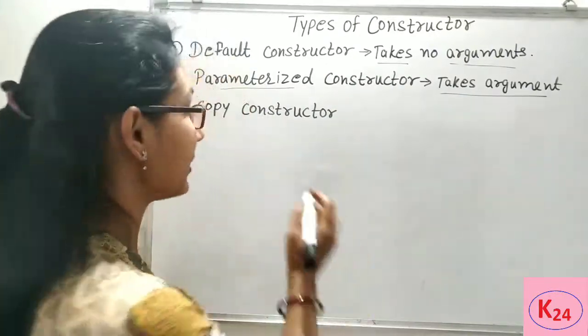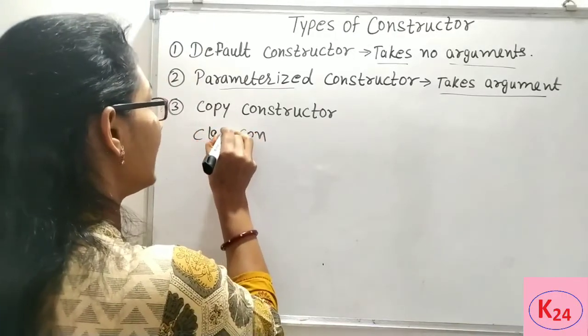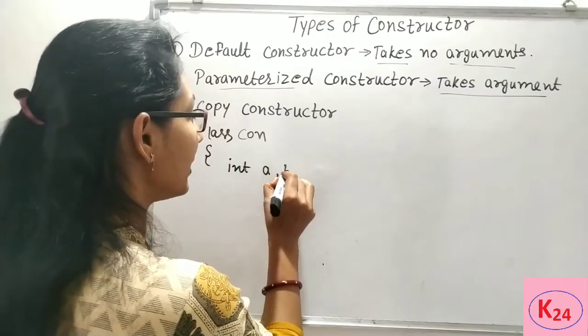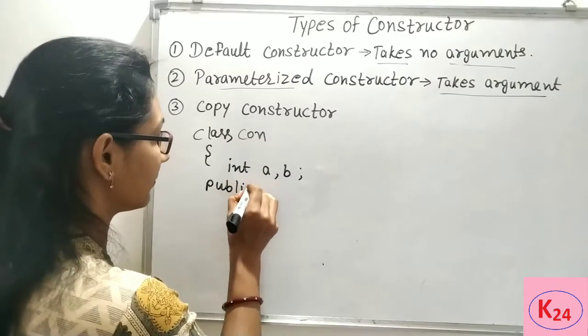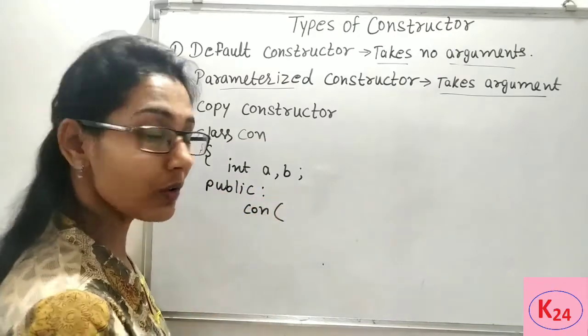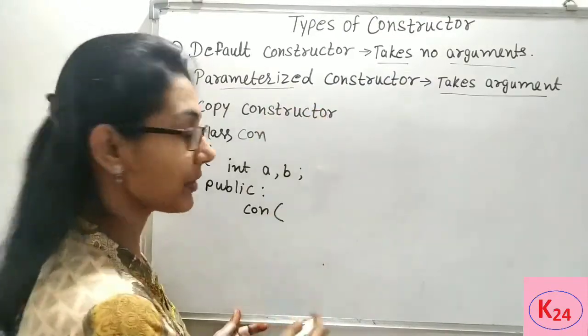Now for example, we have a class con, and in this class we will write a and b as private variables, and in the public section we will use the constructor. Now in this we will pass the parameters, then it will become a parameterized constructor.